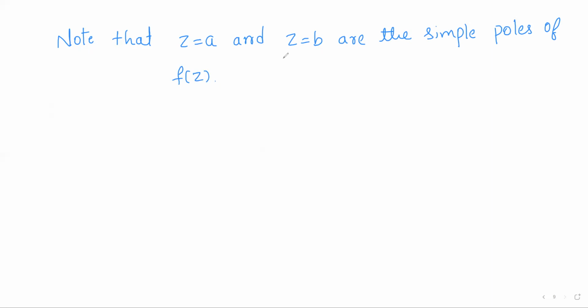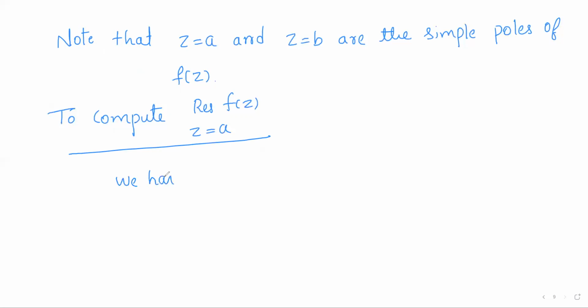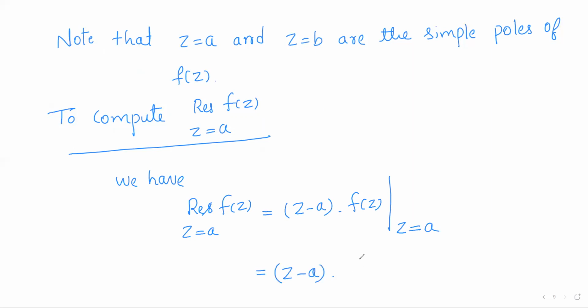Now it just remains to calculate the residue at those poles. Now first we shall compute the residue of f of z at the simple pole a. So first of all, by the formula, residue of f of z at z is equal to a is z minus a into f of z at z is equal to a, right? So it is equal to z minus a into f of z, which is e to the power z by z minus a into z minus b, at z is equal to a.